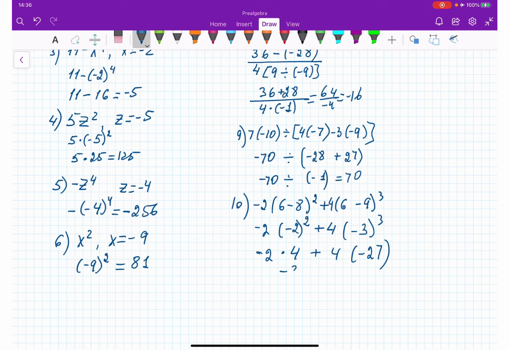Here we get negative 8, and it's going to be negative 27 times 4. 4 times 7 is 28, 4 times 2 is 8, and 2 will be 10. 108. And the result is negative 116. Let me put another nice parenthesis here.